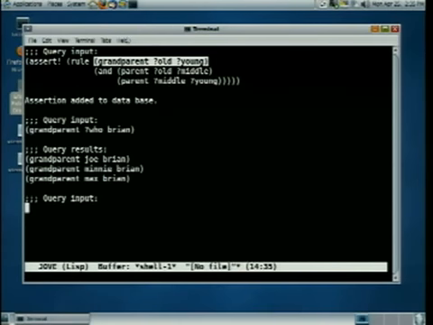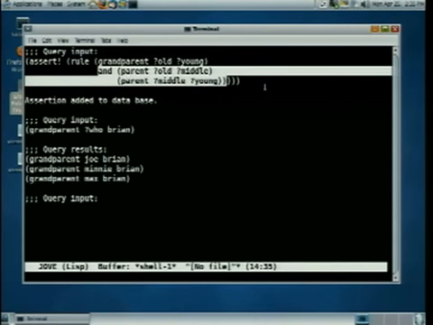So we want to know, is this true? This is the body of the query. And is like a special form in queries. And or is another one, and not is another one. So assert, bang, rule, and, or, not, those are the only kind of reserved words in this system that have special meanings.